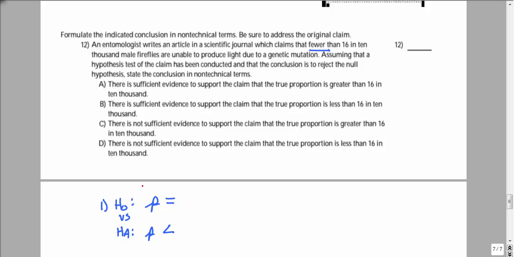So if we look at 16 divided by 10,000, we get 0.0016. So let's go ahead and note 16 over 10,000 is 0.0016.